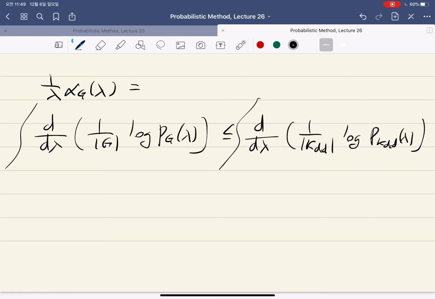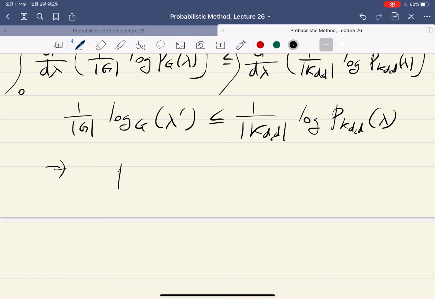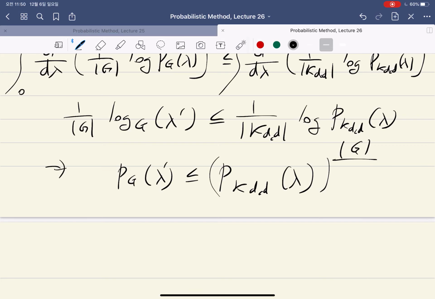And you do the integral over all lambda between, say, 0 and lambda prime. Then what you get is this. And this implies that P of G at lambda prime is at most P of K_{d,d} at lambda prime to the power n over 2d.